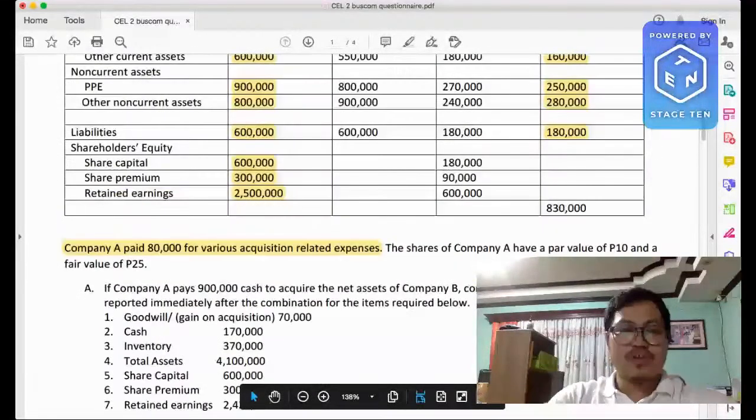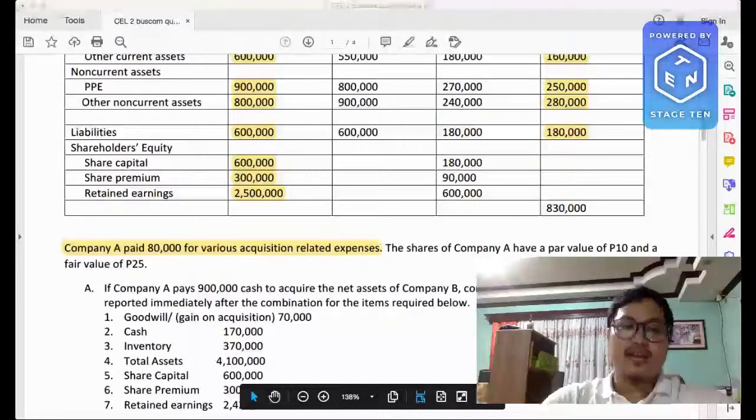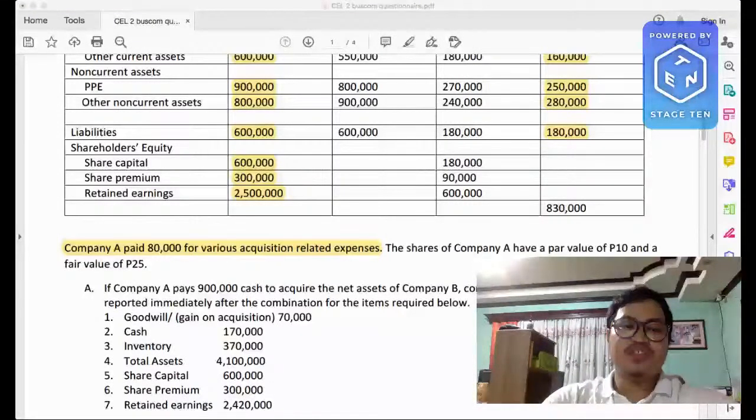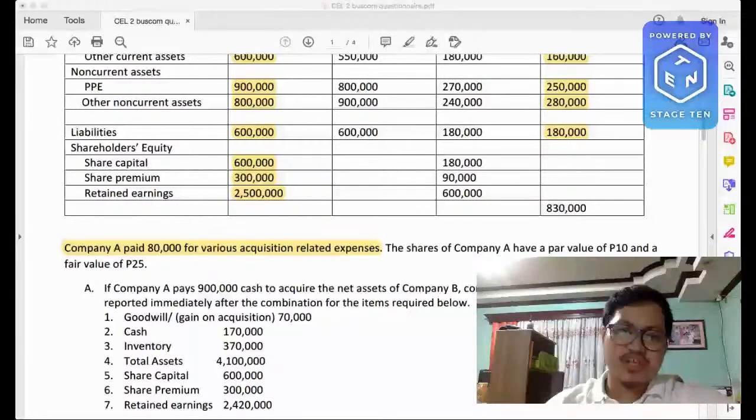Next, share premium. Immediately before the combination, class, share premium was at 300,000. Were there any changes to share premium as a result of the acquisition? Yes, because we issued shares above par value, because the shares issued for the combination are to be measured at fair value. How much was the net change to our share premium? The net change was 410,000.